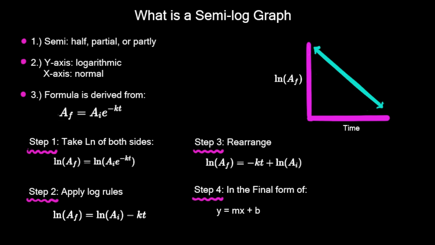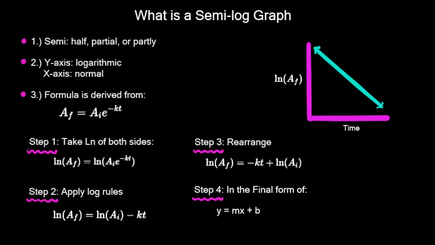So let's break this down step by step. In step number 1, we need to take ln of both sides. When we do that, we get a formula listed as ln of AF is equal to ln of AI times e to the power of negative k times t.